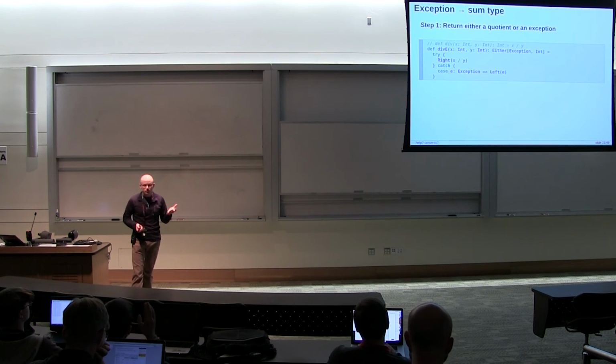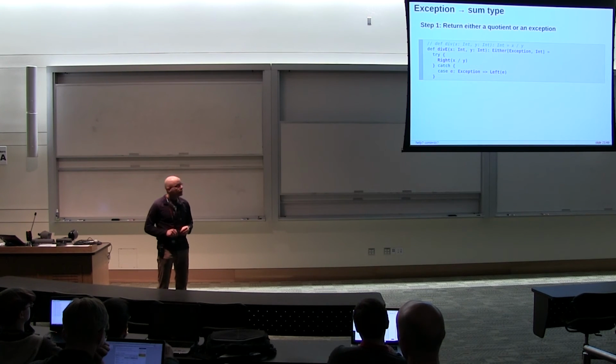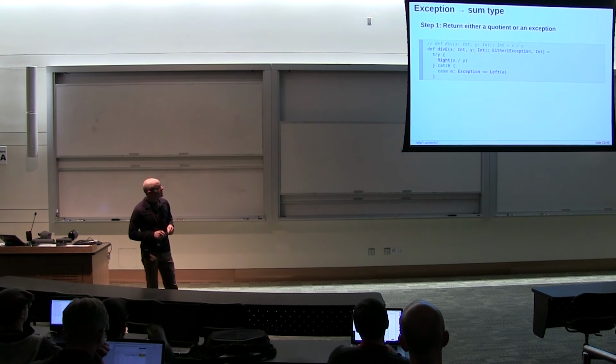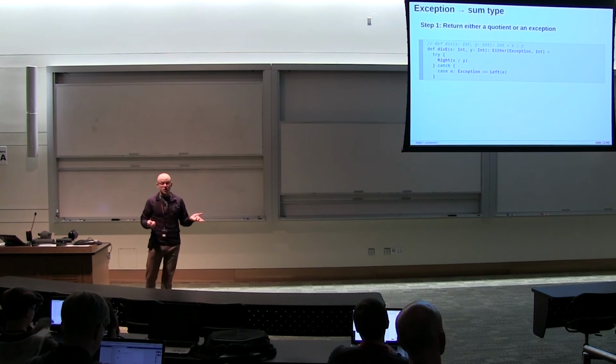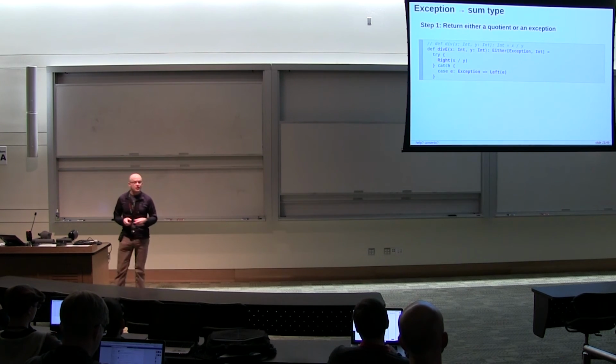But there might be other things that you want to capture in your Left rather than just the raw exception. Could you just use an Option there and turn it on if it's the exception? Yeah, you could use an Option. The problem with Option is your error case would be a None, which doesn't really carry any interesting information. So there's nothing wrong with that, but you might want that information for other reasons, debugging or logging or something.